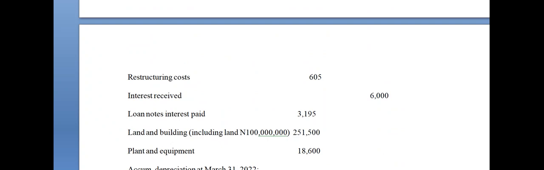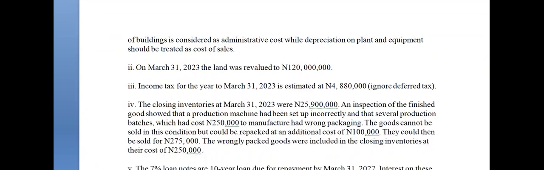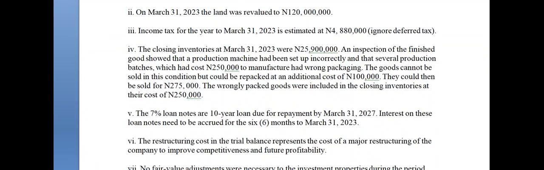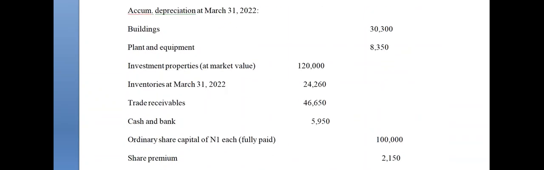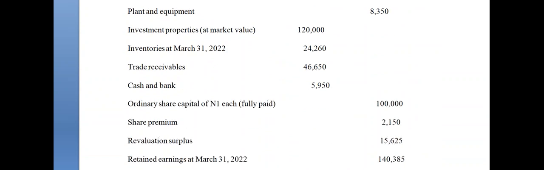Now they told us that there's a loan note interest paid of 3,195. Is that not so? Then there's additional information: 7% loan notes are 10-year loan due for repayment. So what is the 7% of the loan notes? Where is the loan note? 91,250.